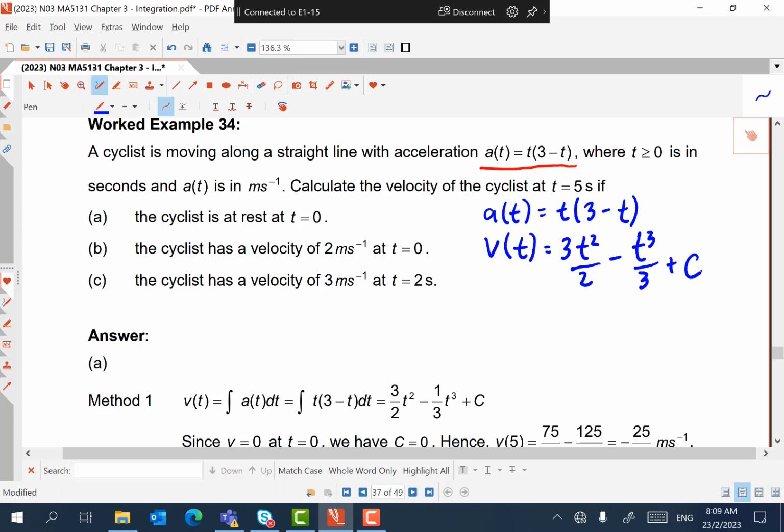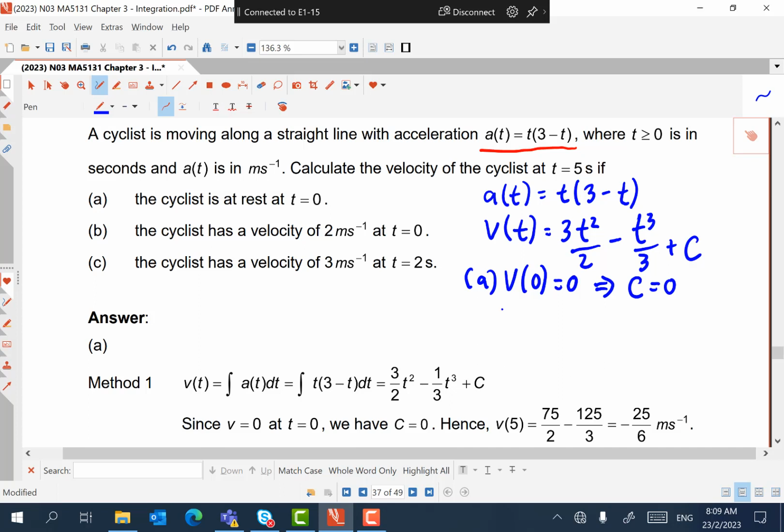And then because you are given a condition in part A, that the velocity is 0 when time t is 0, that implies that my c, the constant, is 0. Therefore my v(t) becomes just 3t squared over 2 minus t cubed over 3 plus 0.